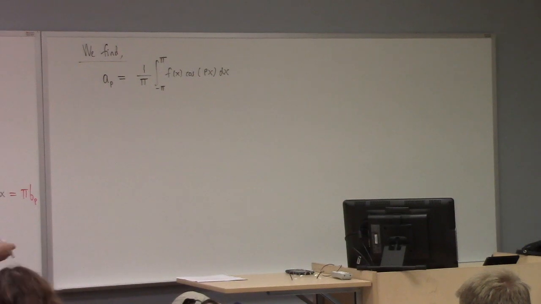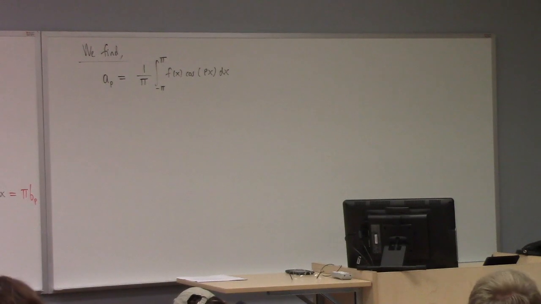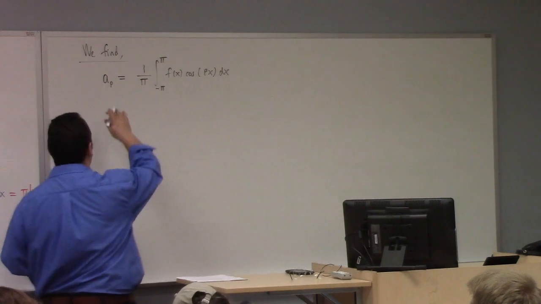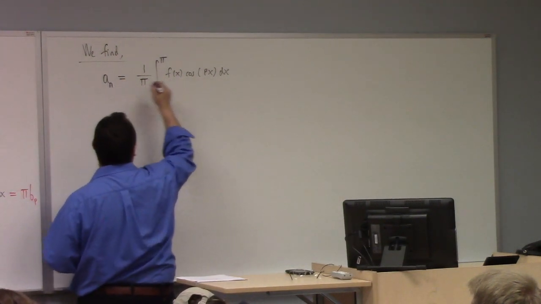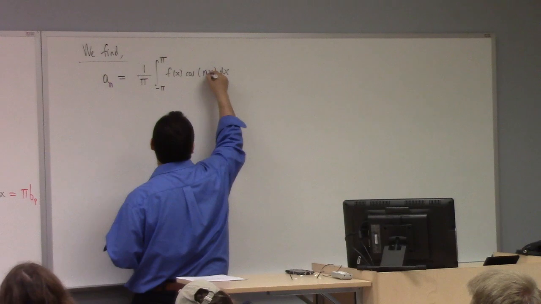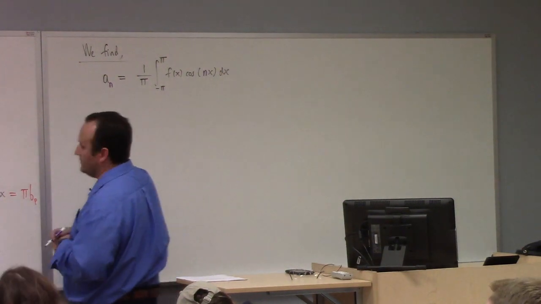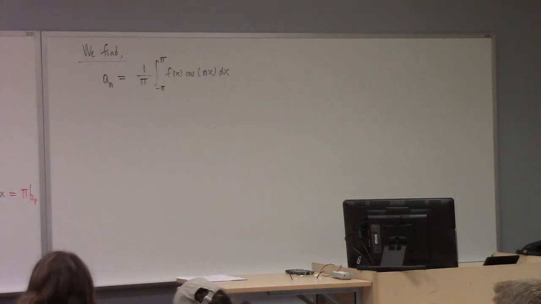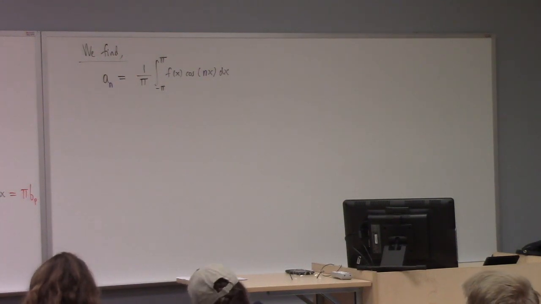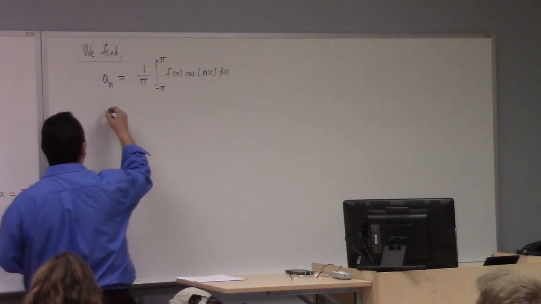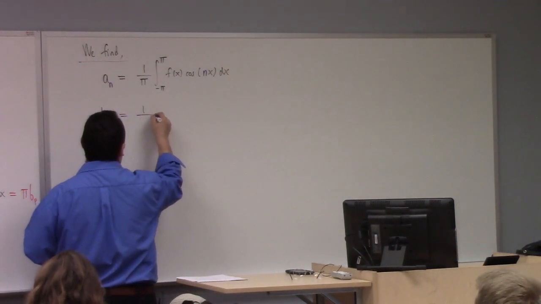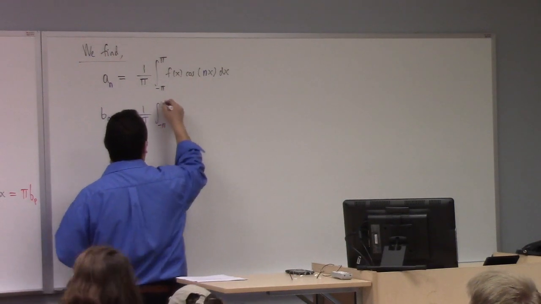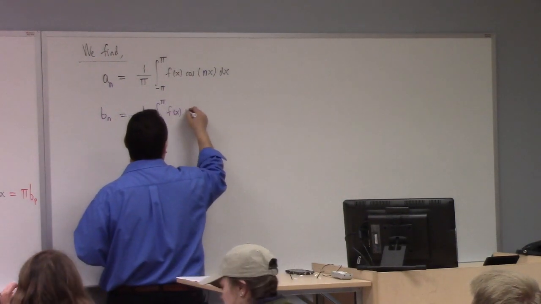Now, I don't really like p, so I usually rewrite this formula with n. I'm going to scratch out the p and write an n instead because I just like working with n. That's just bookkeeping. So there's a formula. We can calculate the Fourier coefficient by taking this integral of f of x. And likewise, b sub n is 1 over pi, integral from minus pi to pi, f of x sine of nx.